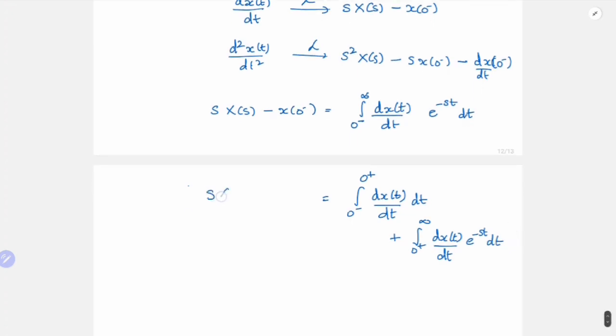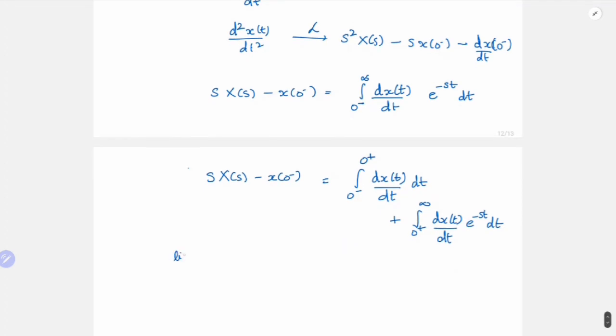So now I'll apply the limits. Limit s tends to infinity of s X of s minus x of 0 minus is nothing but x of t from 0 minus to 0 plus, and this term is nothing but integral 0 plus to infinity dx of t by dt into 0 into dt.